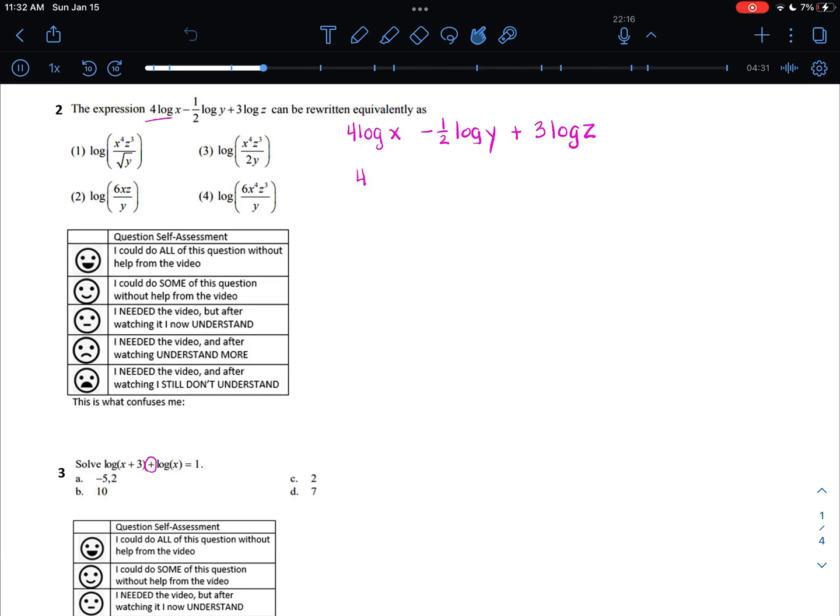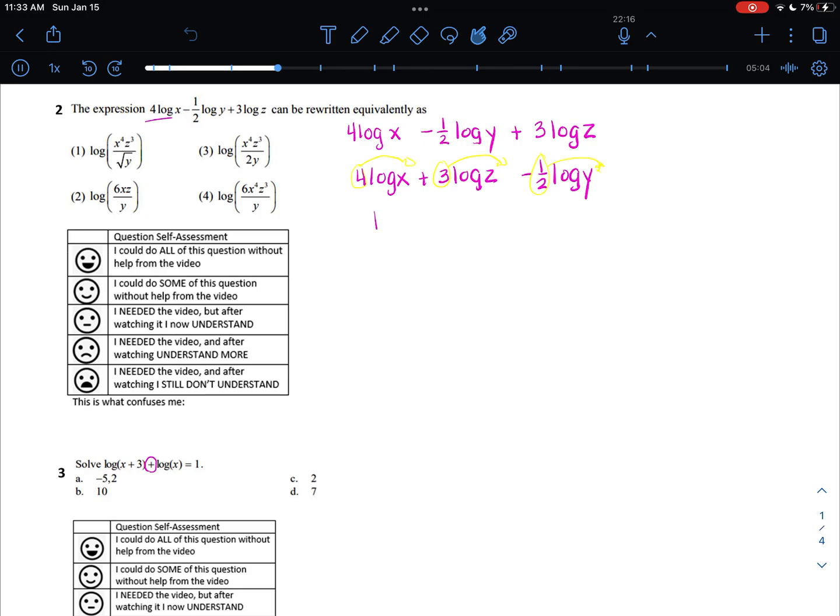I'm going to move my addition ones together and my subtraction one on the end. And now I'm going to take my scalar multipliers and move them inside as powers. In other words, I'm going to take the numbers that are in front of it and I'm going to move them up as exponents.